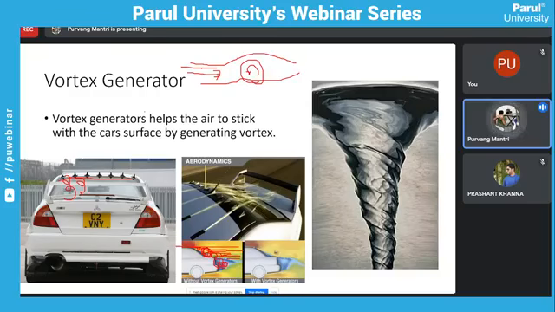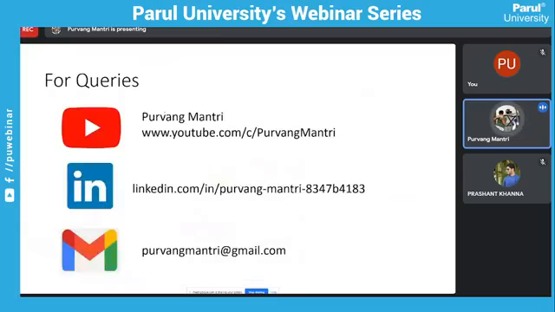And if your college approves, then you can use the wind tunnel of your college and see how the air is flowing over it, take the pressure results from the wind tunnel testing and compare it with your CFD analysis, and try to validate those analyses in your project. This can be a good learning opportunity for you guys. And if you have any queries, then we can take them now.